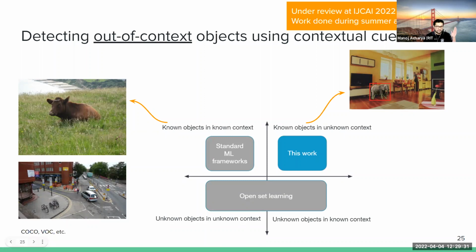We don't see cars flying, but usually on the road. So these are your normal scenarios, right? Standard machine learning frameworks usually operate in such dataset regimes, so datasets such as COCO or VOC fall into this category.